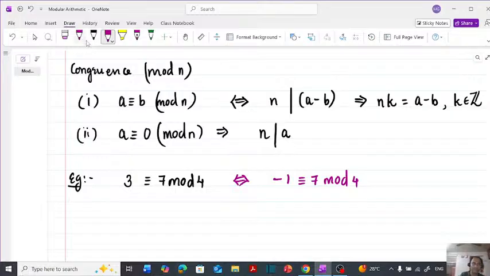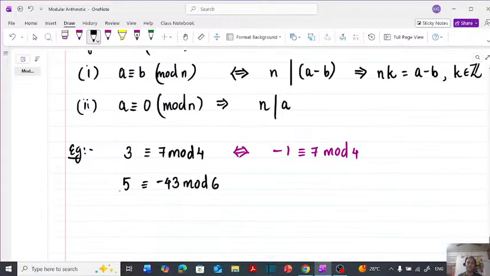Now, if you understand this very clearly, let's say I have here one example with me, 43 mod 6. Okay, now how does this work? So let me help you out. Let us understand this. 6 6s are 36, right? 6 7s are 42, and 6 8s are 48. So you already have here 48.